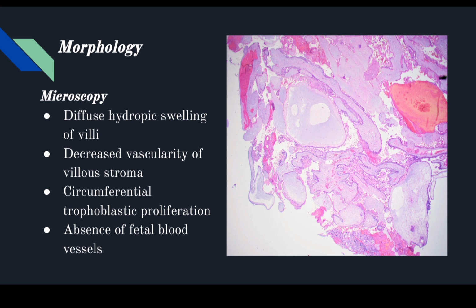Due to the enlargement of villi, there is decreased vascularity of villus stroma, and there is proliferation of the trophoblastic cells. And as there is no maternal content, there will be no fetus, and therefore there is absence of fetal blood vessels.